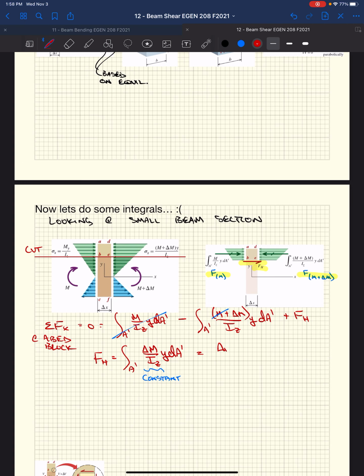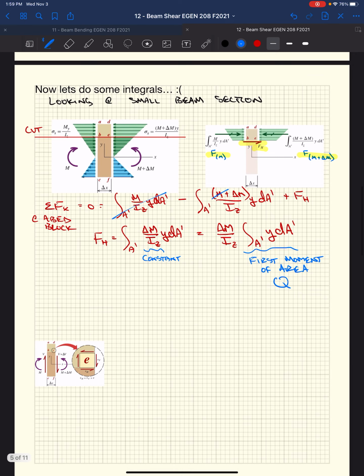So we get delta M over the moment of inertia, integral of the area of y times dA. And because we're engineers and we do not like to do integrals, we give this a name and we actually calculate it without integrating. First moment of the area.